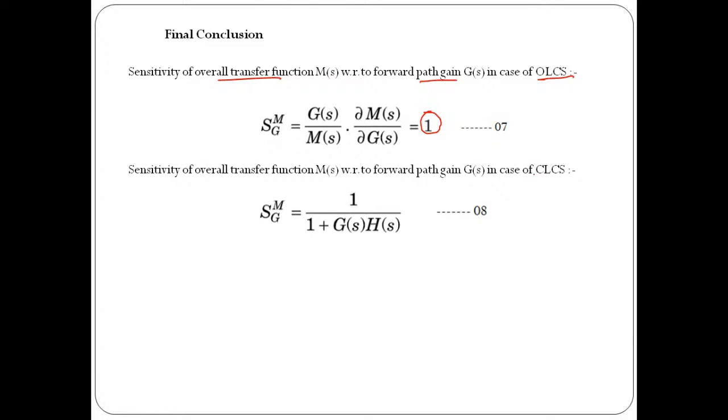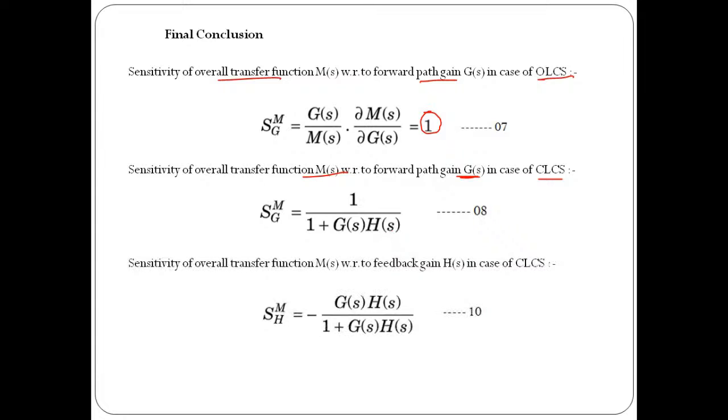But in case of closed loop control system, the sensitivity of overall transfer function with respect to forward path gain will be 1 upon 1 plus G(s) into H(s). And in the same system, if we vary the feedback path element, the sensitivity of overall transfer function with respect to H, where H indicates your feedback path gain, is nothing but minus G(s) into H(s) whole divided by 1 plus G(s) into H(s).